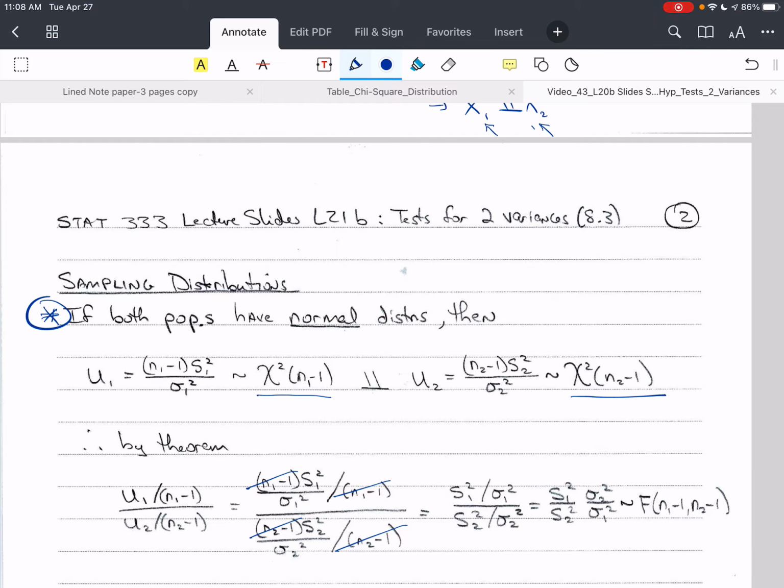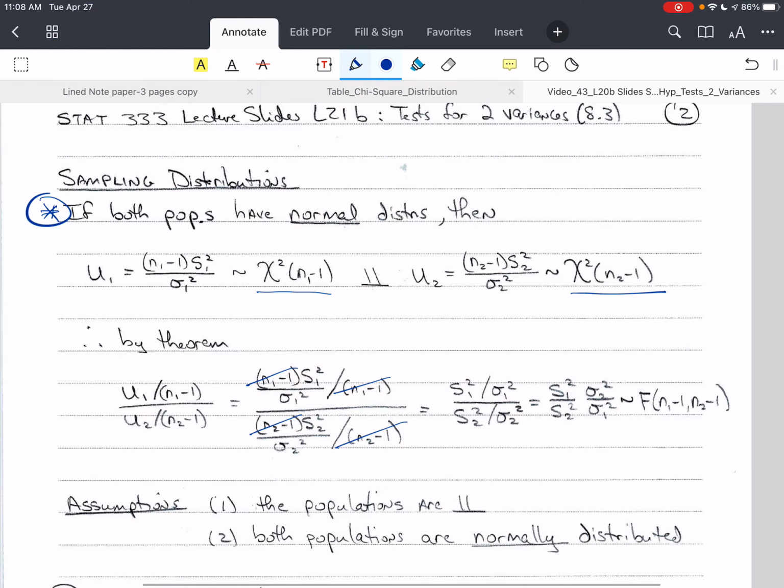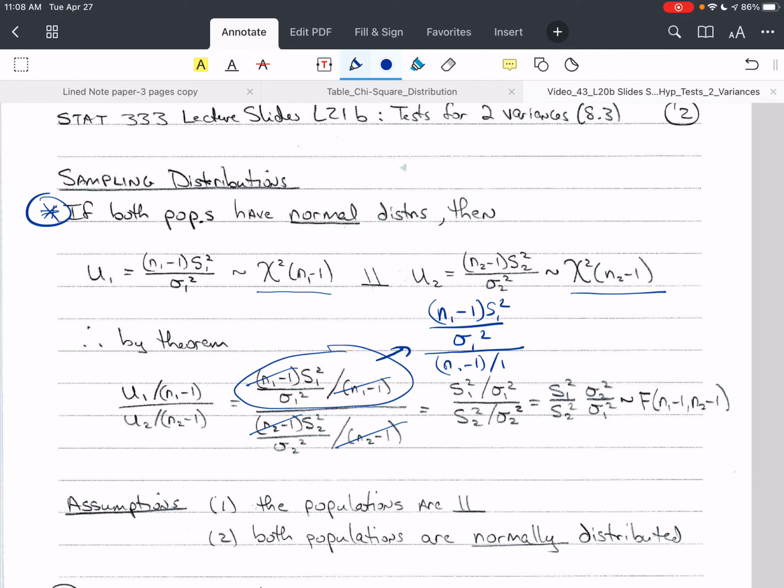So those cancel out. Remember, this numerator can be written as N1 minus 1, S1 squared over sigma 1 squared, and then the denominator is N1 minus 1, which can be written as divided by 1. So this is going to be N1 minus 1, S1 squared over sigma 1 squared, times 1 over N1 minus 1.